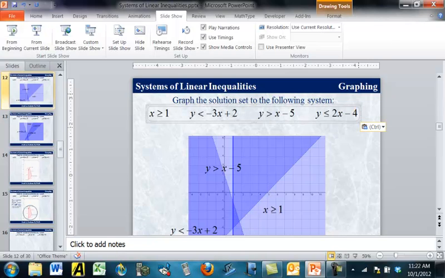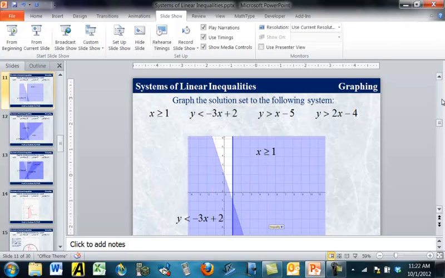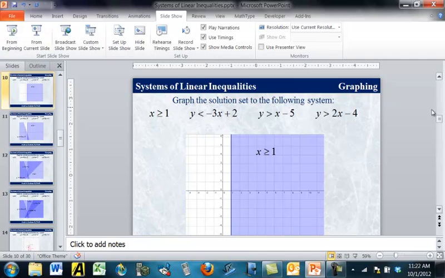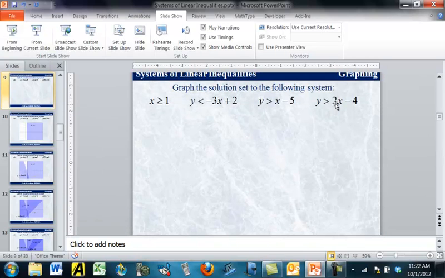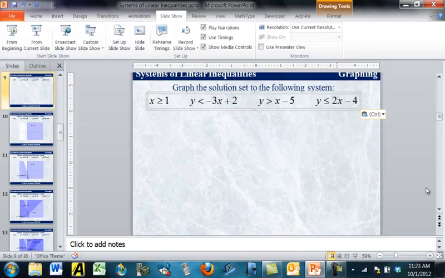All these slides real fast. It's going to take me just a second to do this. Sorry about that. Now, if you graph the original one, of course, like I said, you'll end up with that triangular region.